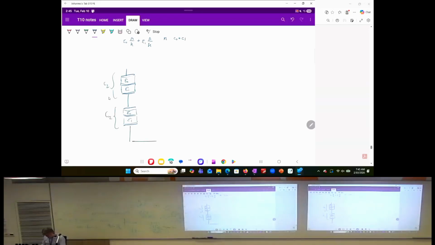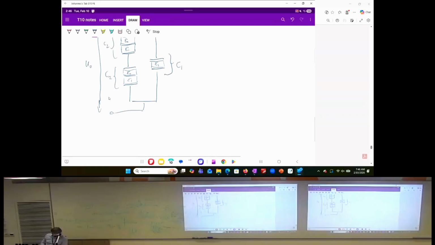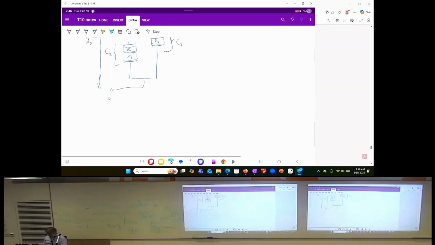And then on the other side, on the parallel line, we have that capacitor C1. And we have a voltage U naught. Now the question is to calculate the total capacitance, C total.